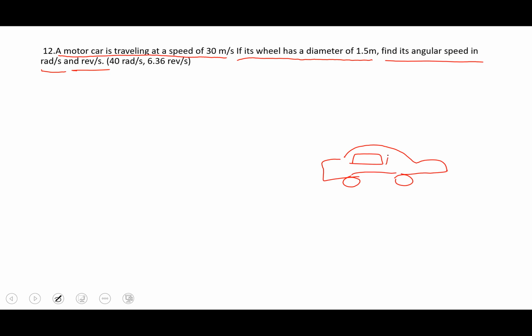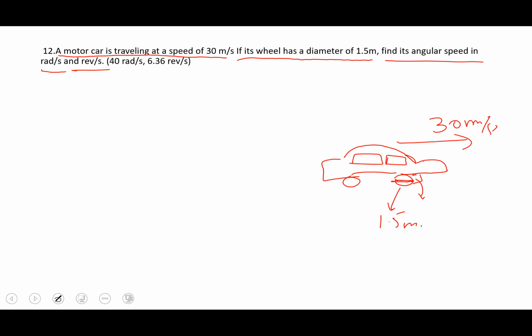Let's draw its windows. Here it is moving in this direction, let's say, with the speed of 30 meter per second. And the tires have a diameter of 1.5.